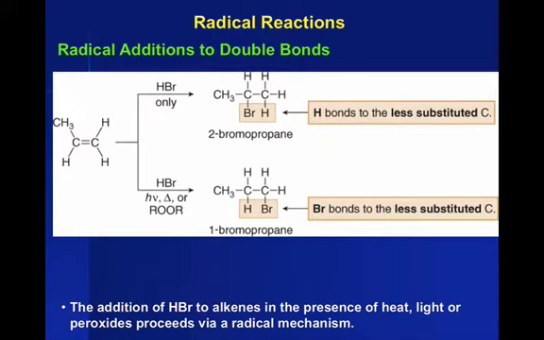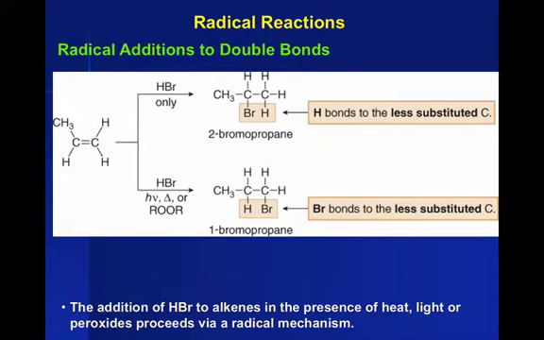However, if I repeat that reaction, but instead of just using HBr, I add a free radical initiator, like peroxide, or I shine a really bright light on it, or I heat it up really, really high, I actually find out that I get the opposite material.